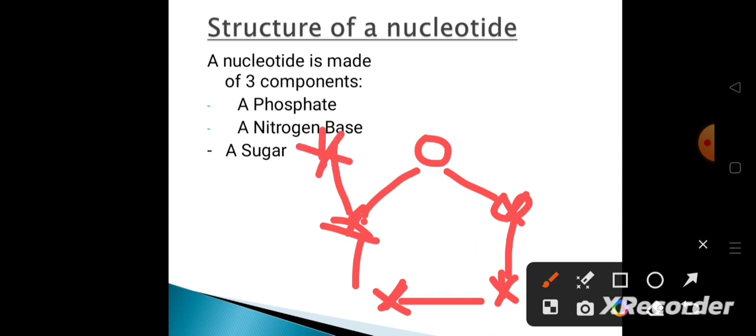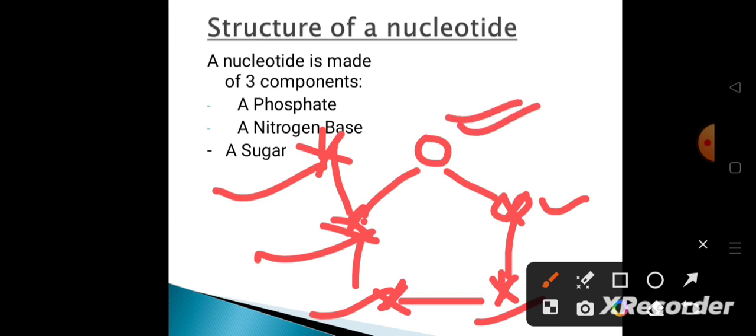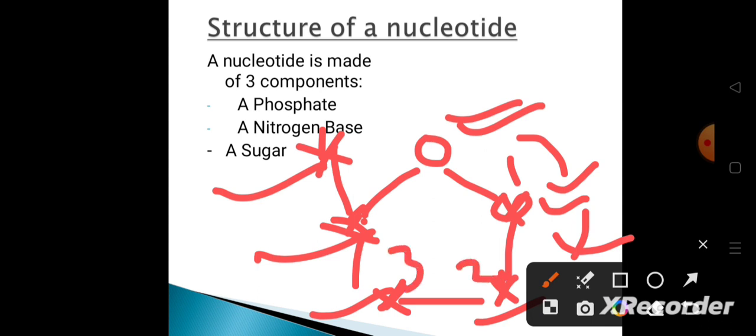So this is a ring which consists of 5 carbons: 1 carbon, 2 carbon, 3 carbon, 4 carbon, 5 carbon. And how is it being named? It is named according to the position of oxygen. From oxygen, clockwise it is being named. That means this is first, this one is second, third, fourth and fifth. Okay. So likewise it is being named.